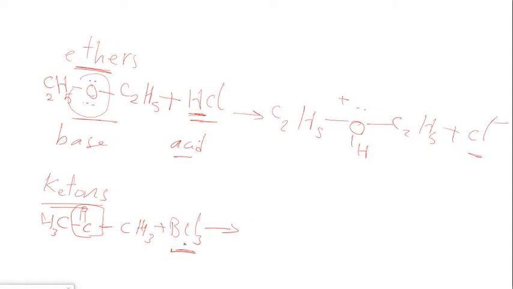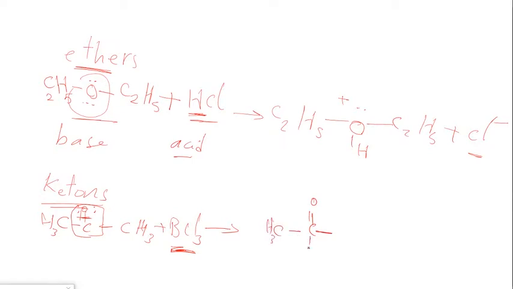And in the case of the ketone in the presence of boron trichloride, because this is a ketonic group, the C double bond O with its two lone pairs, the carbonyl group is the one which will accept the proton.